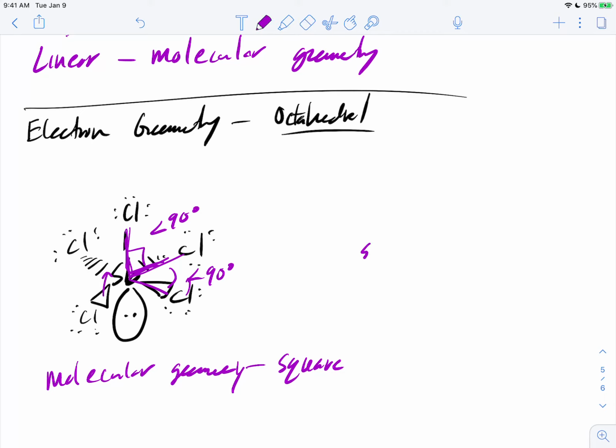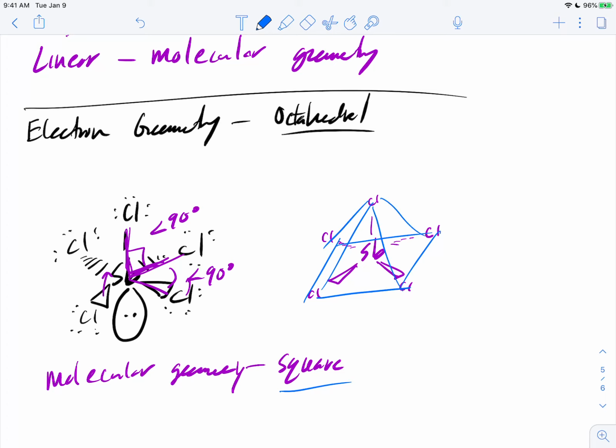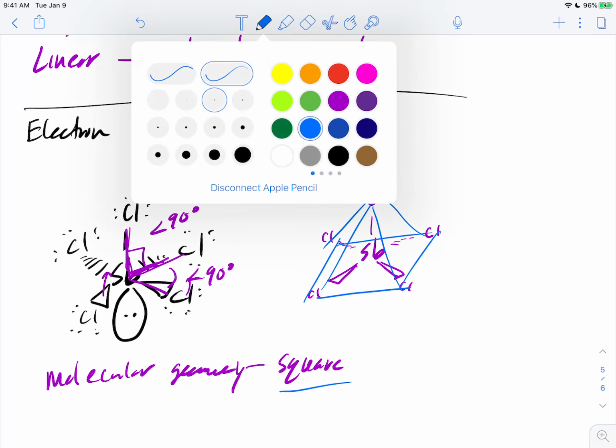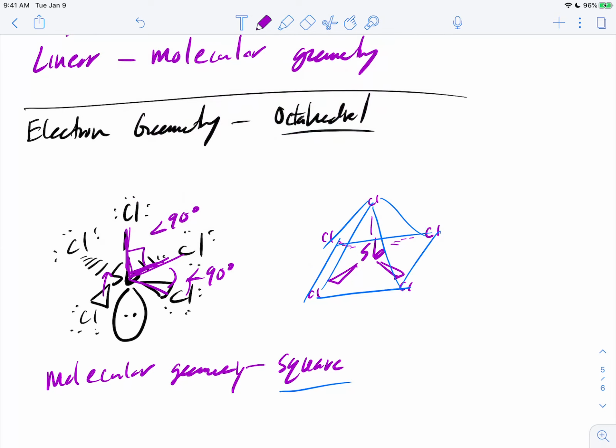I'll show you. Sb. So it's got here, here, here, here. And these are Cls. And then we have one Cl up top. And so if we look at this, it's got a square. So it's square. And then if you connect all 4 Cls on the outside of the top one, it makes a pyramid. So that's why we call it square pyramidal.